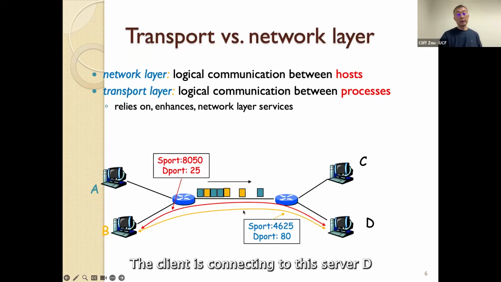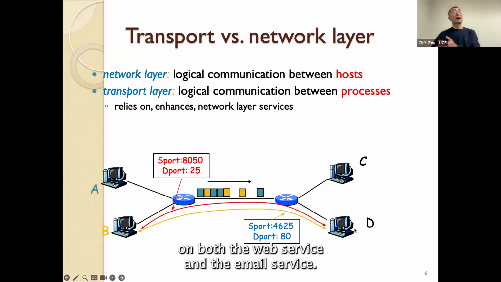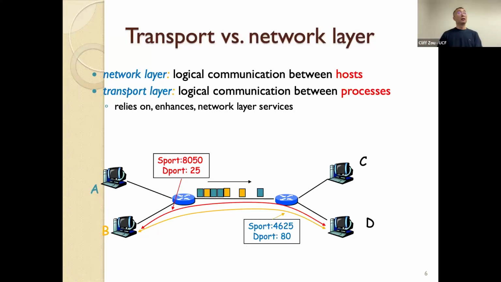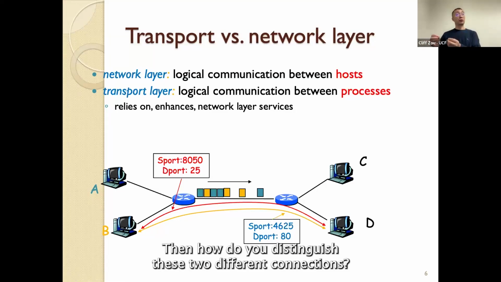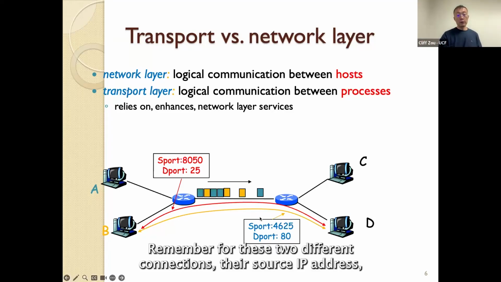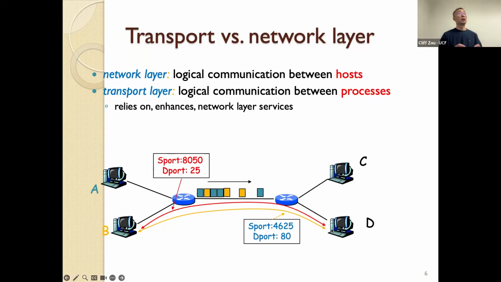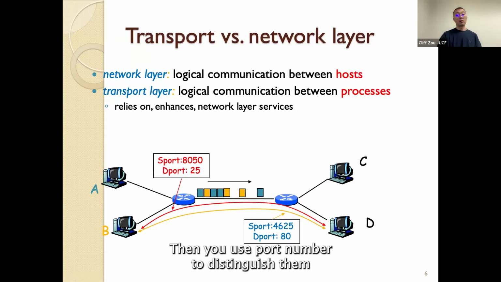The client is connecting to server D on both the web service and the email service. Then how do you distinguish these two different connections? Remember, for these two different connections, their source IP address and destination IP address are identical to each other. How do you distinguish them? You use the port number to distinguish them.